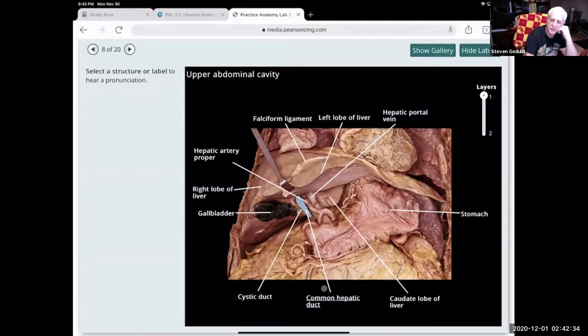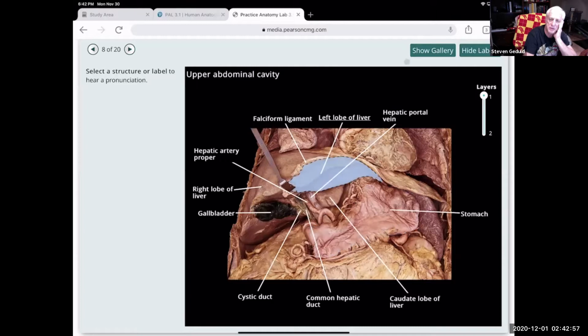Okay. Then you get your caudate lobe of the liver. Okay, you see that hanging down, and you got your stomach. And from there, you can see the hepatic portal vein. Again, if you look at the difference between the... why is it not marking here?